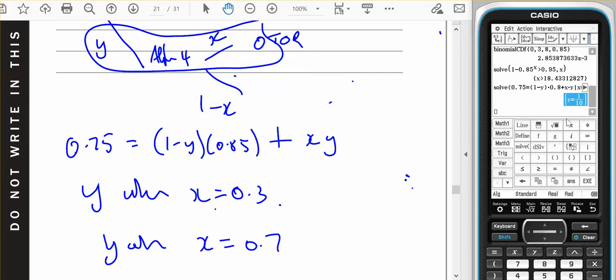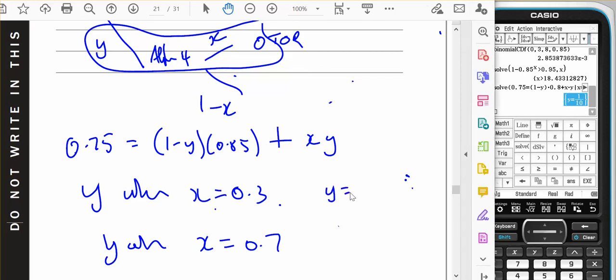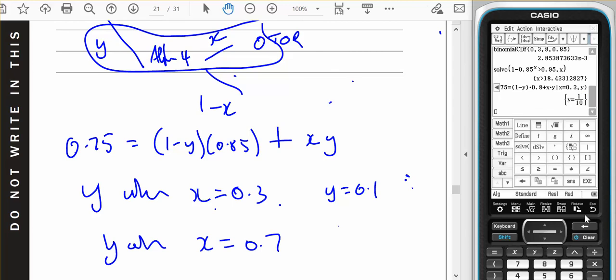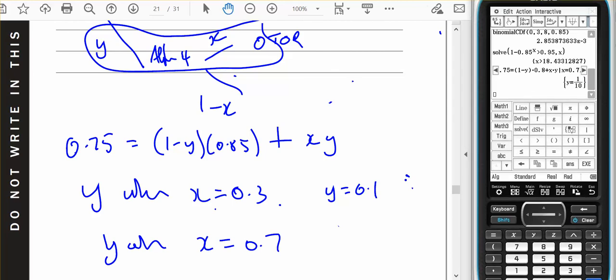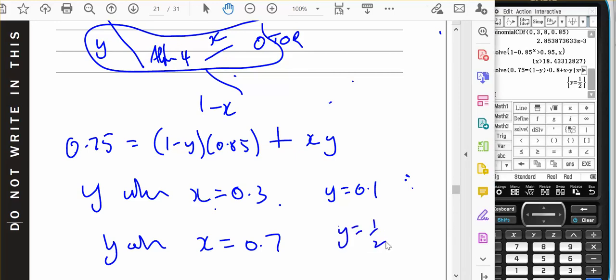And that gives me an answer for y of 1/10. And then when x equals 0.7, gives me an answer of y equals 1/2. Therefore, y goes between 1/10 and 1/2.